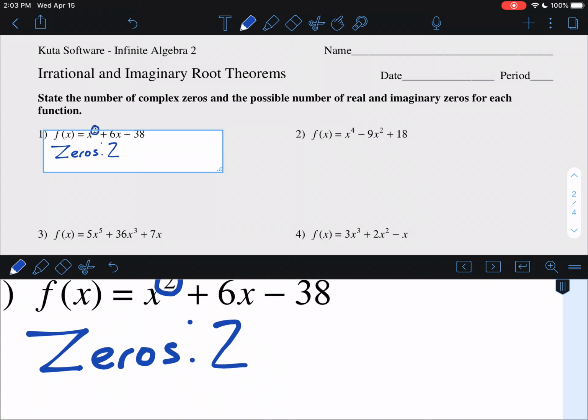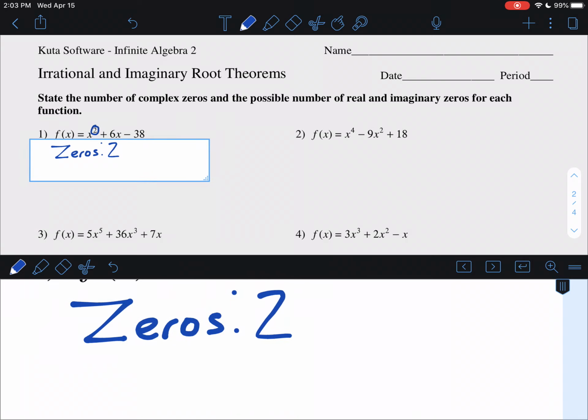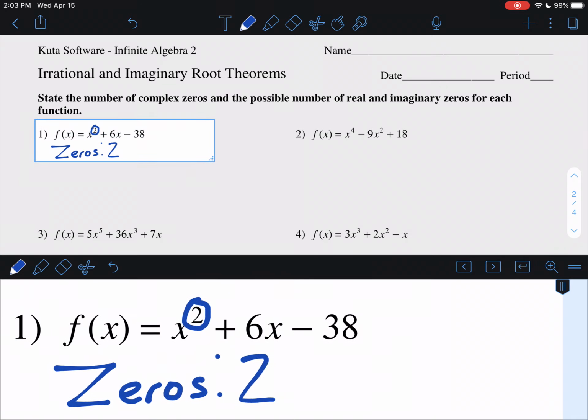So the possible number of real and imaginary zeros. It's not asking what the zeros are. It's asking what the possible numbers of them are. So for real zeros, I said there are two zeros total, and both of them could be real zeros.